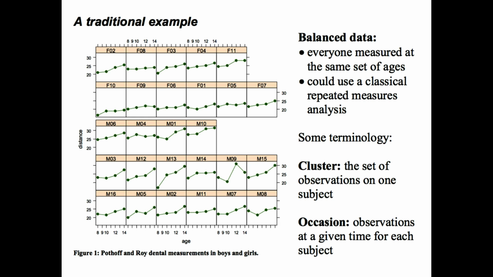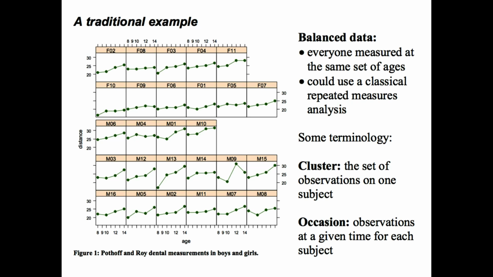A traditional example that comes up in many textbooks when we're talking about longitudinal data is Potthoff and Roy's dental measurements in boys and girls. The dental measurement, I think, is the distance between one piece of anatomy and another in the jaw. I'm not quite sure. It's looking over 4 time points in both boys and girls.